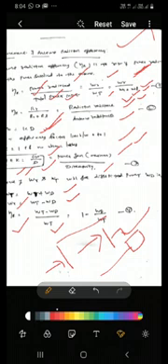Once you know the directivity, the efficiency eta R, K equals G naught by D. So by using the gain value and the directivity, you can find the radiation efficiency eta R. This is another way of calculating the radiation efficiency.